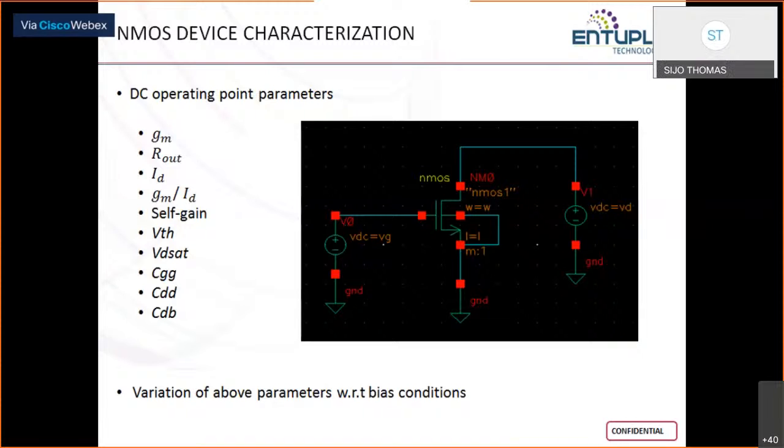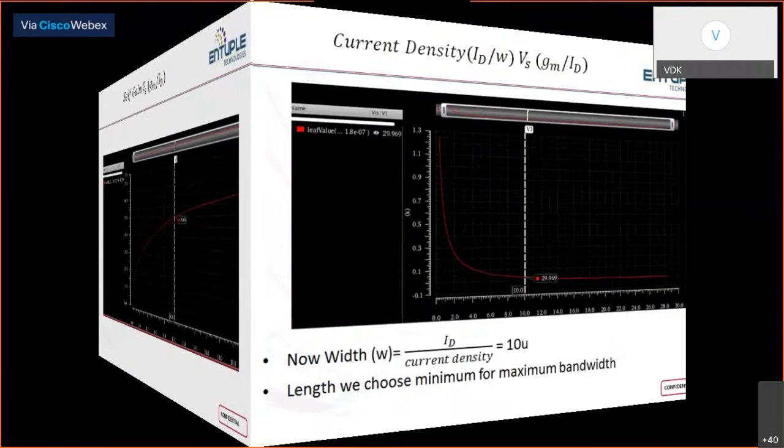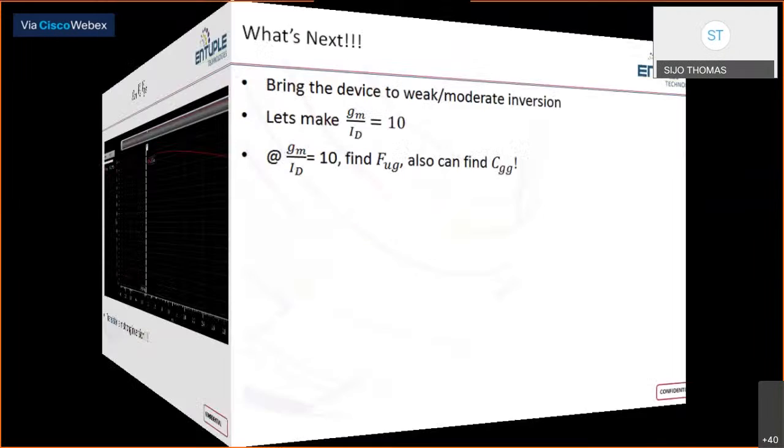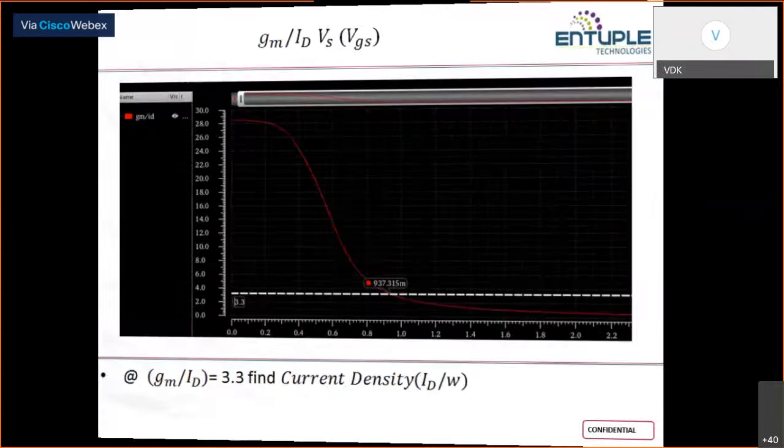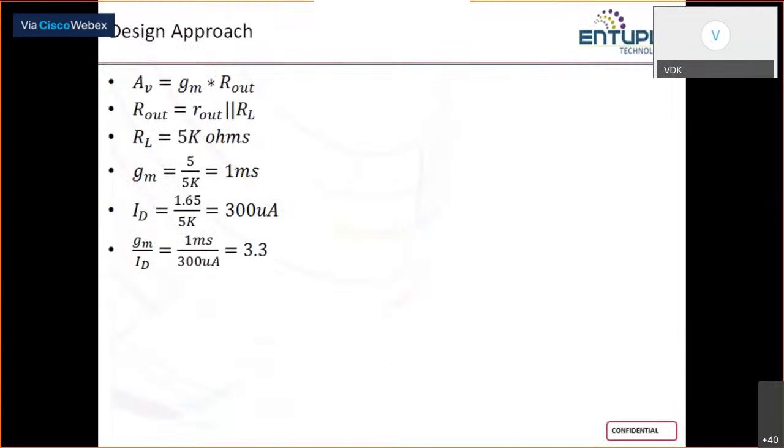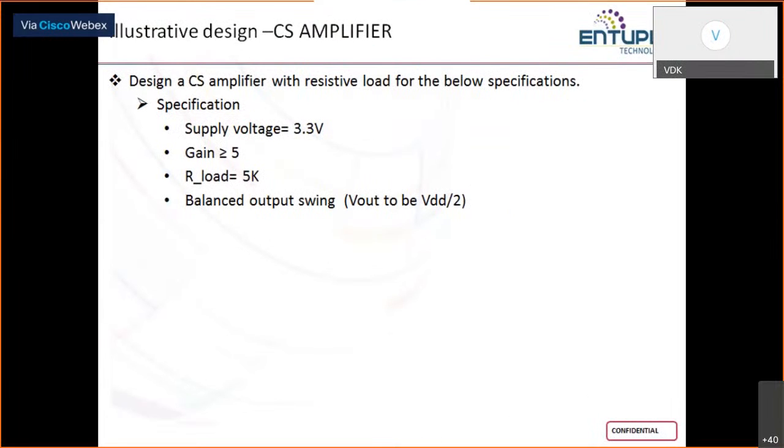device. Now, because the PMOS device is to function only as a constant current source, typically we would like to operate it in the strong inversion region.